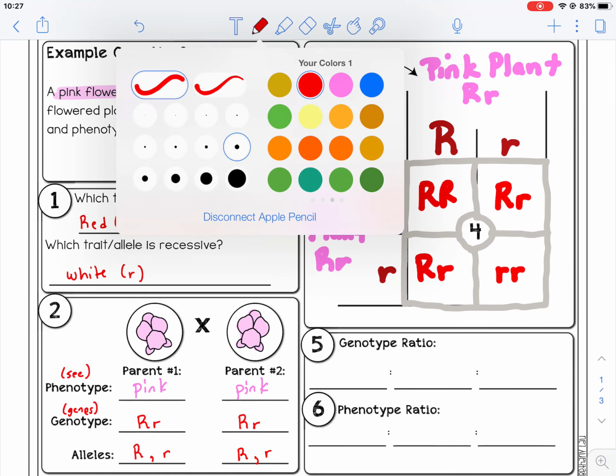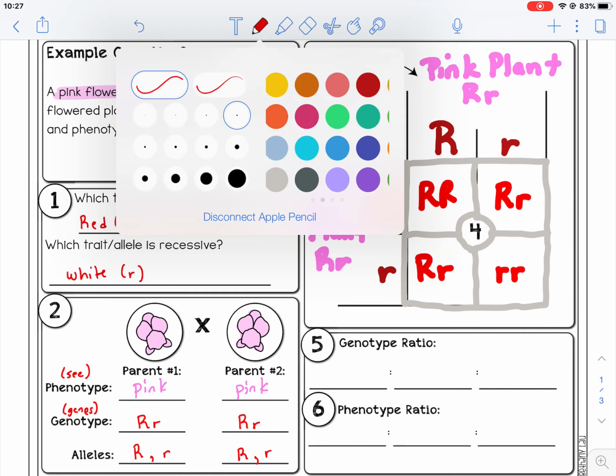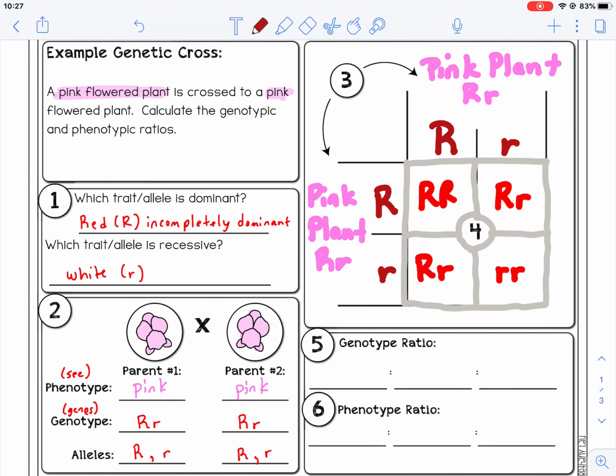So now we're going to use that information to fill out our genotypic and our phenotypic ratios. So remember, our genotype is the underlying gene. So let's look at our table here, our Punnett square.